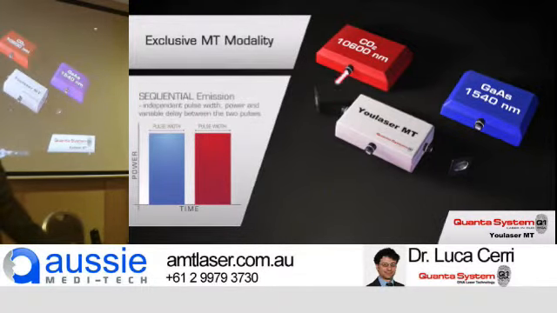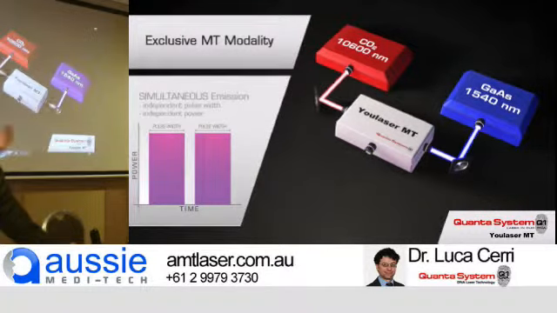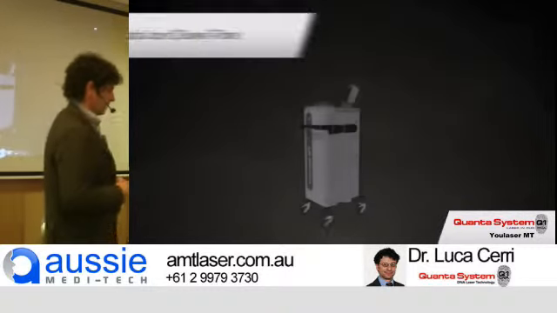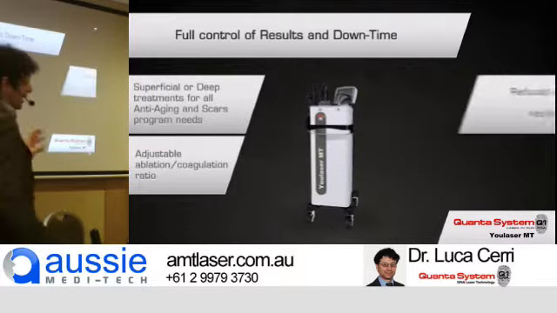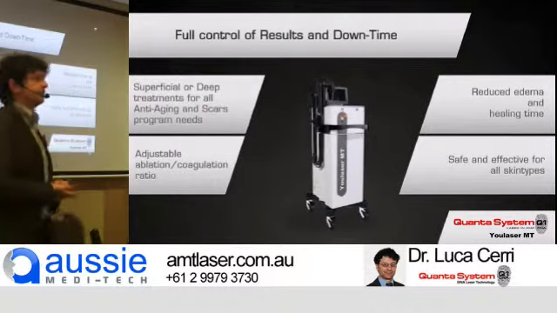This is the technology that is explained. The video is explaining how it's working. So just the CO2, just the 1540, or sequences in the same dot, sequences of both the wavelengths, or mixing really simultaneously both the wavelengths.